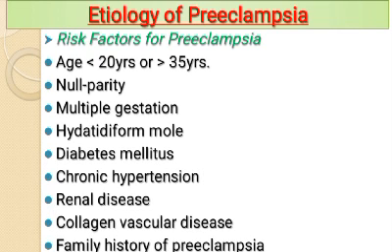Etiology of preeclampsia. Risk factors for preeclampsia: age less than 20 years or greater than 35 years, nulliparity, multiple gestation, hydatidiform mole, diabetes mellitus, chronic hypertension, renal disease, collagen vascular disease, family history of preeclampsia.